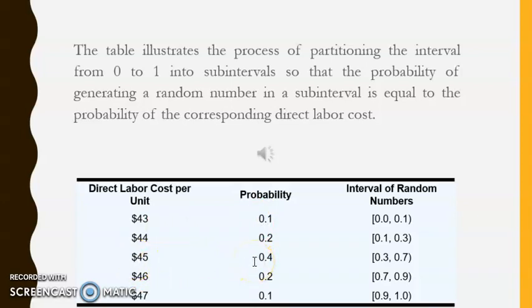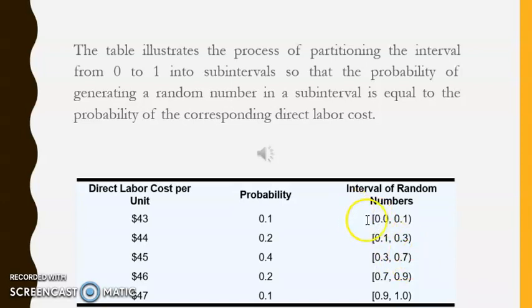So according to the things that we discussed, the length of the assigned interval in the range 0 to 1 must be 4 times the length for 43. And here you can see for 45 it is 0.3 to 0.7, so the length is 0.4.